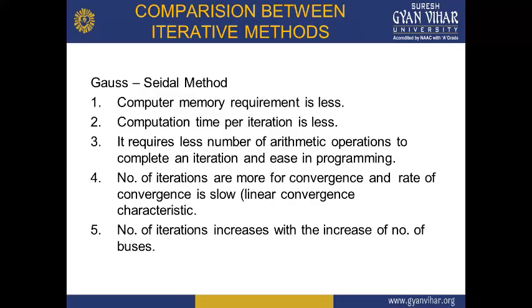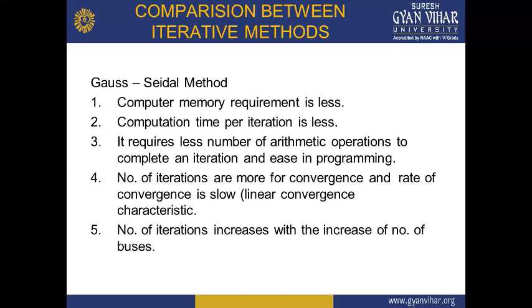Now let's do the comparison between the iterative methods. The very first method is the Gauss-Seidel method, which we have seen, and the computer memory requirement is less in the Gauss-Seidel method. The computation time per iteration is less, but the number of iterations is much larger as compared to the Newton-Raphson.